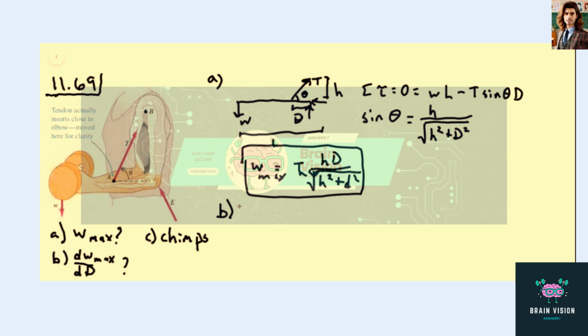Now for part B, we just want to take the derivative of this with respect to D. And so this gives us, just for brevity, we'll write m for max.